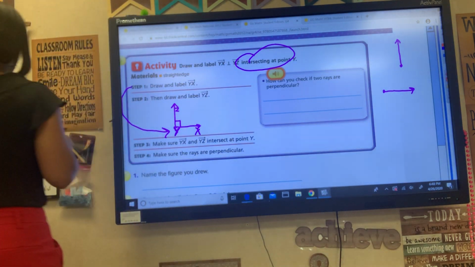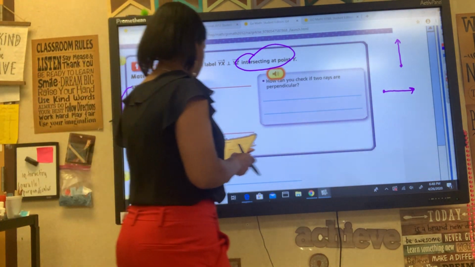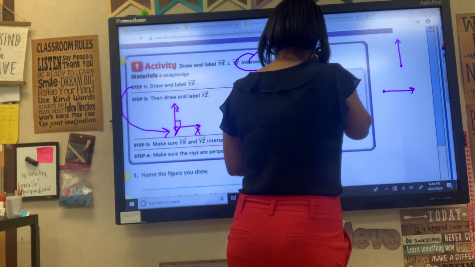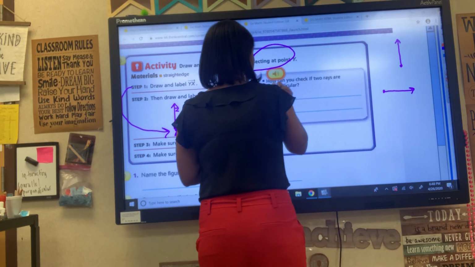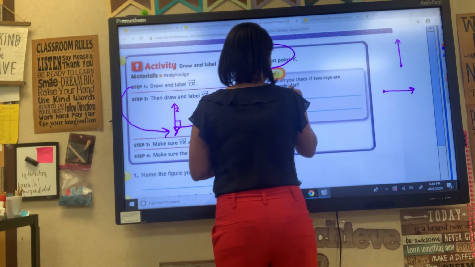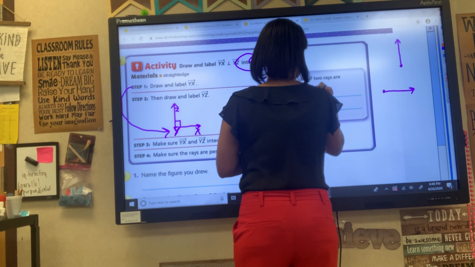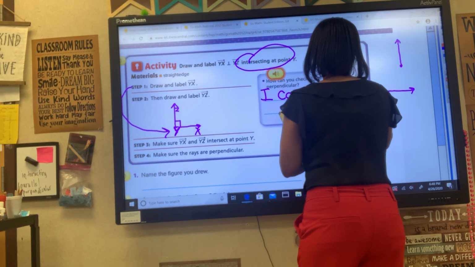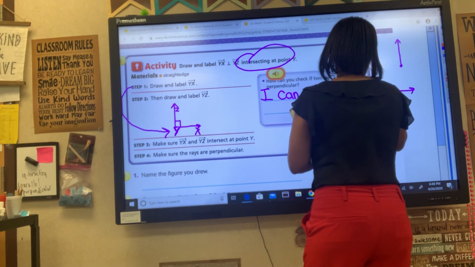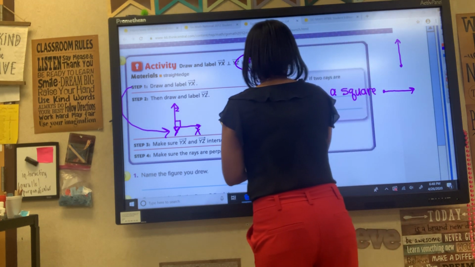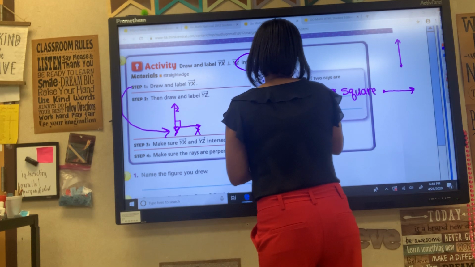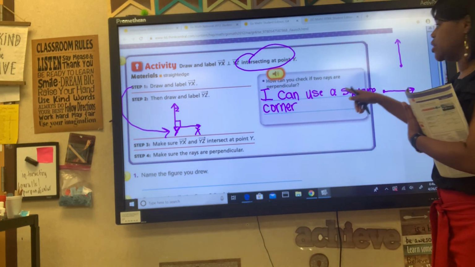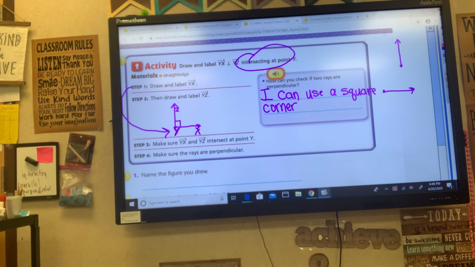So let's write that, and I'll write it on the board, and then you can copy it onto your paper. I can use a square corner to check if the rays are perpendicular.